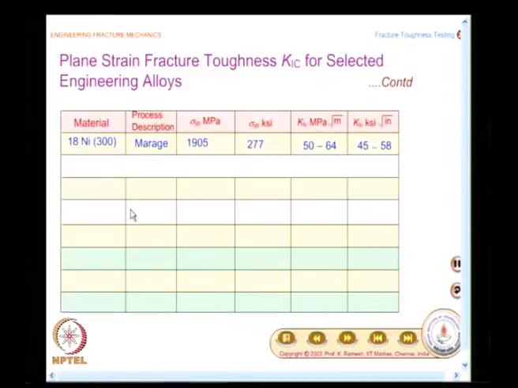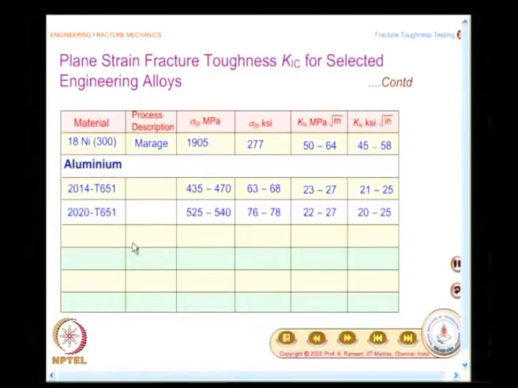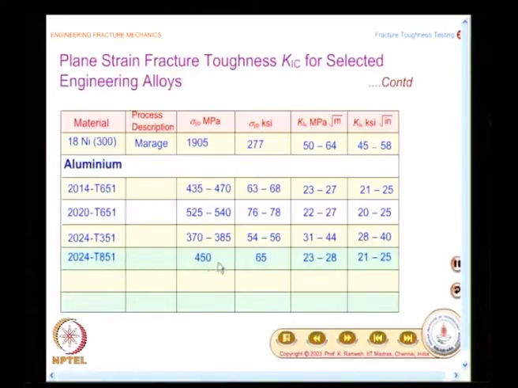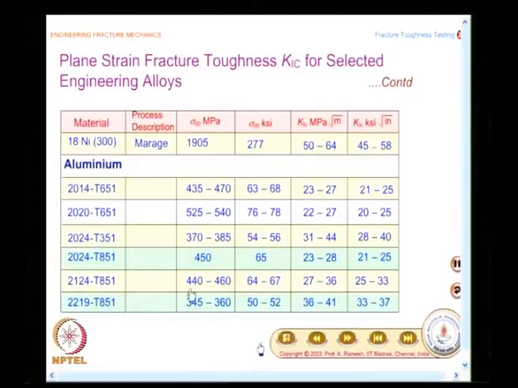In this slide you have aluminum, and we will again look at 2 of these alloys, and here again you find the minimum yield strength is something like 345 MPa. You are not talking of any material below this, and for 2014 aluminum the yield strength is between 435 to 470 MPa.